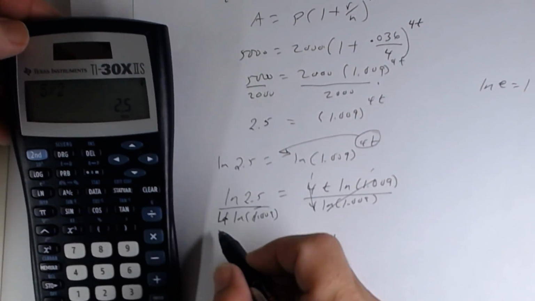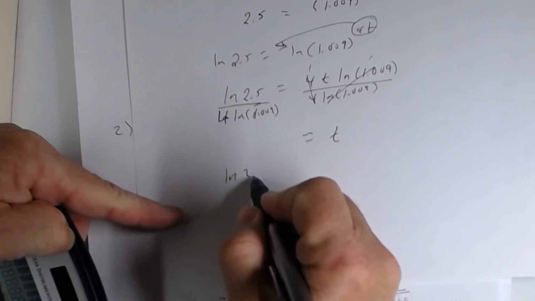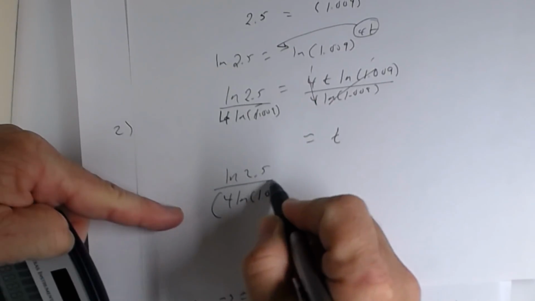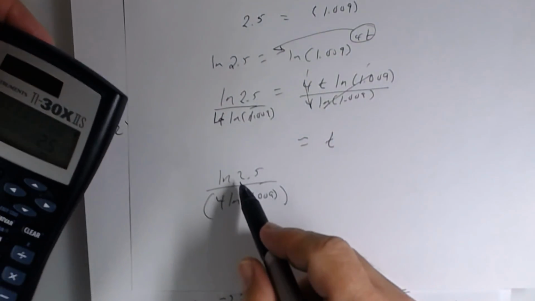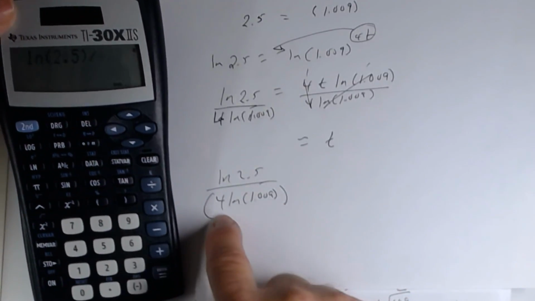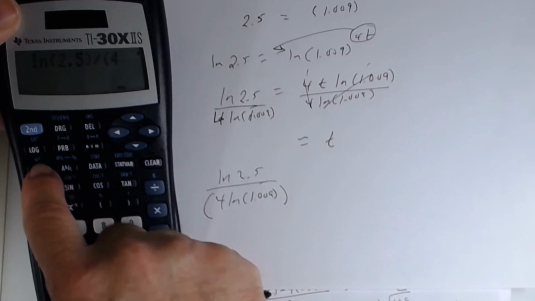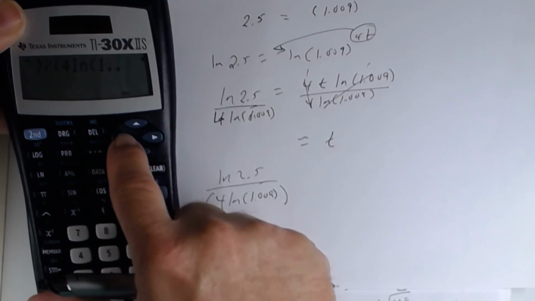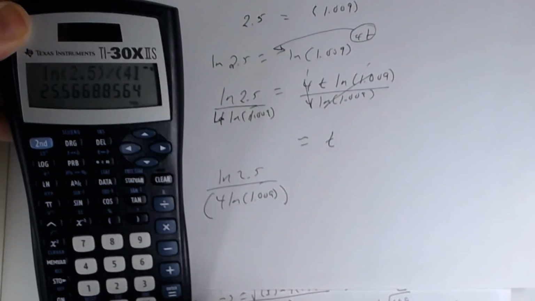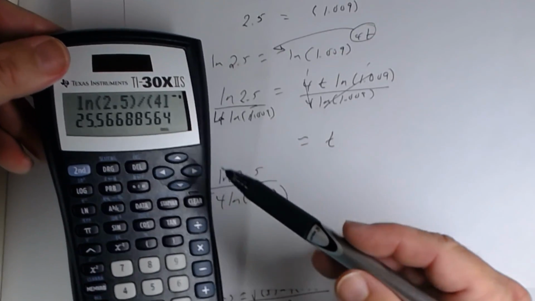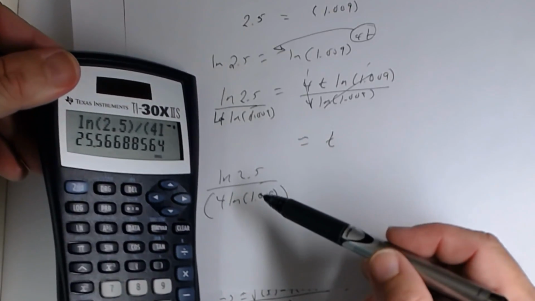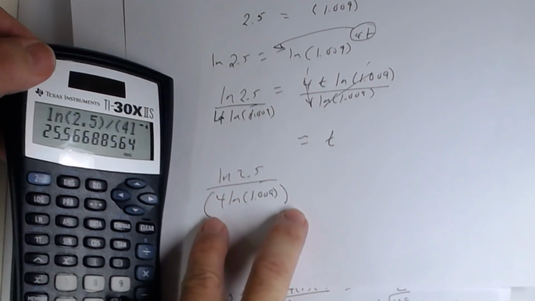Okay. So let's put this in parentheses right here and see if we get the same thing. All right. So say natural log of 2.5. Divide by, then parentheses, 4 natural log of 1.009. Close. Okay. So now that one sounds better. The best thing to do is to put the denominator in parentheses.